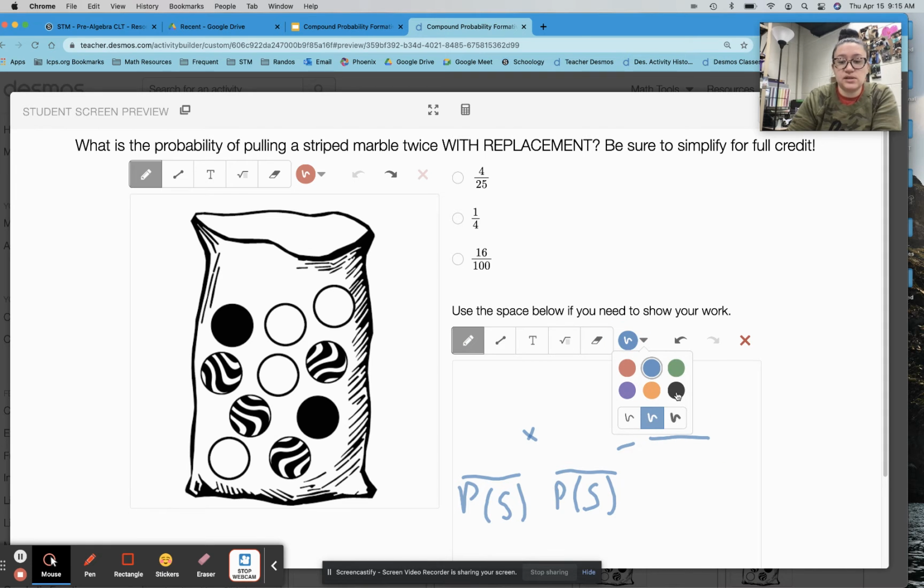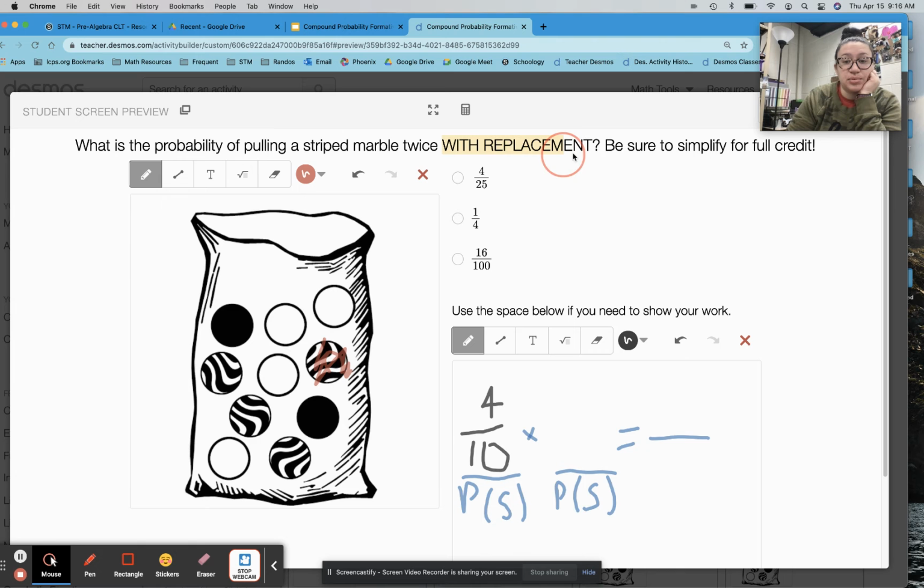So the first time I pull one of my striped marbles, what's that probability? There's 4 striped marbles out of 10 total marbles. Like we said, we pulled out 1 marble, but I put it back.